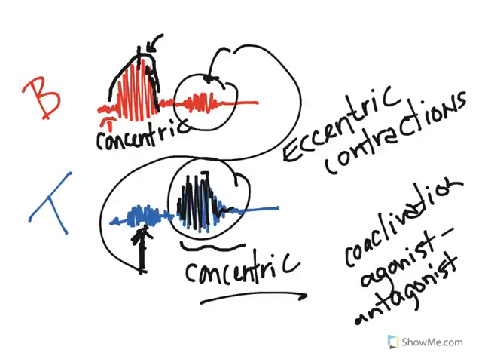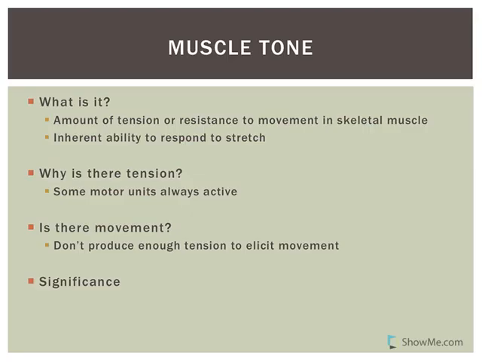So muscle tone is when you have some motor units that are active to that muscle, not enough to produce any movement, but there's a reason why you want it: you have some motor units always active.